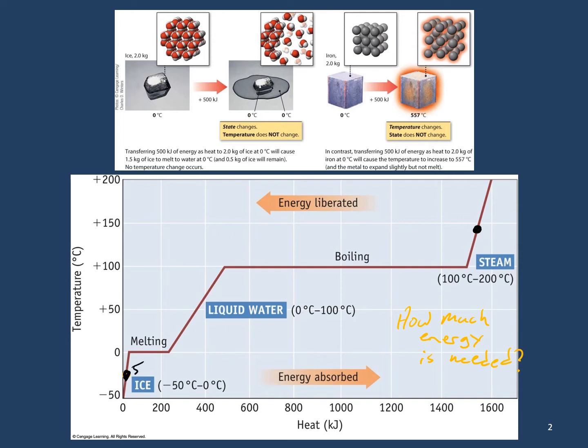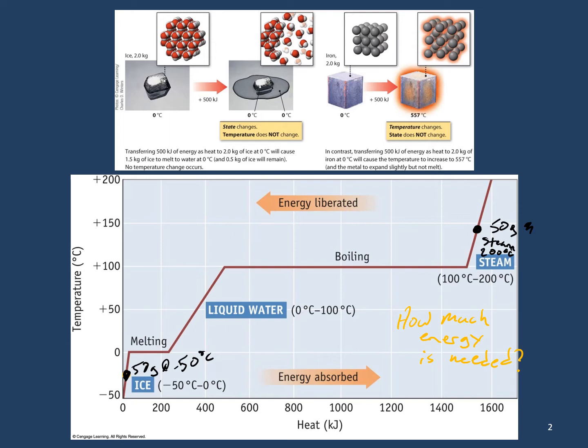Let's say I had 50 grams of ice and I want to get 50 grams of gaseous water, of steam, at, let's say, 200 degrees Celsius. And this was initially at -50. Well, that's an interesting calculation. It involves actually 5 different steps, right?